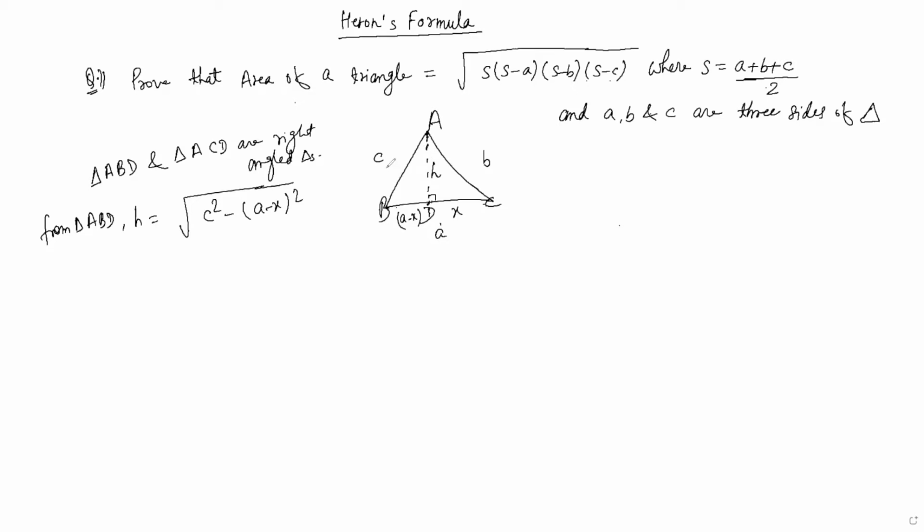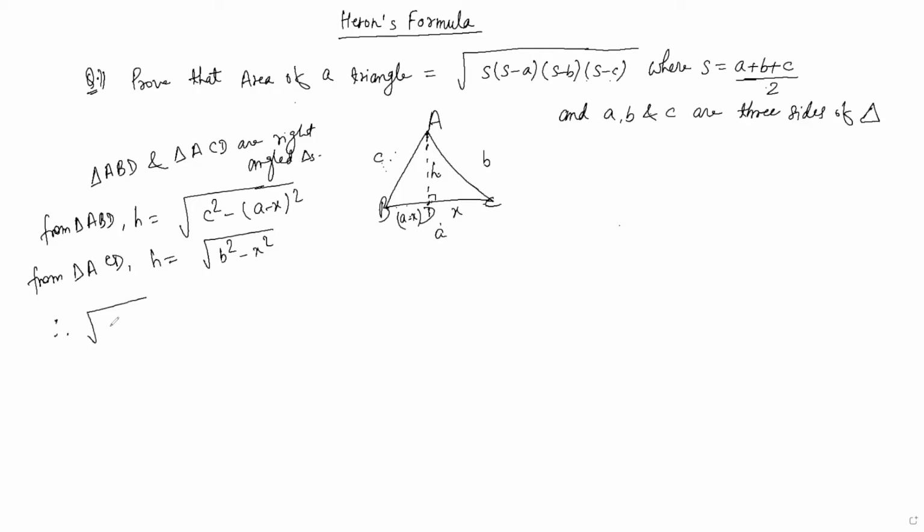Because from Pythagoras theorem, hypotenuse whole square equals base whole square plus perpendicular whole square, so perpendicular will be under root hypotenuse square minus base whole square. Similarly from triangle ACD, h will be under root b square minus x square. Now we will make these two equivalent.